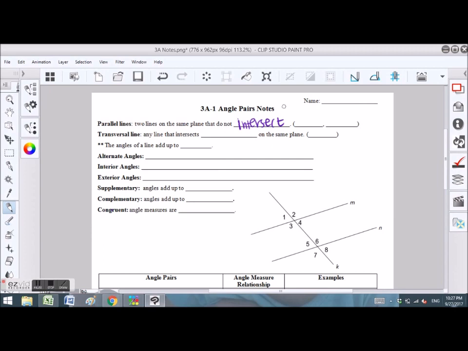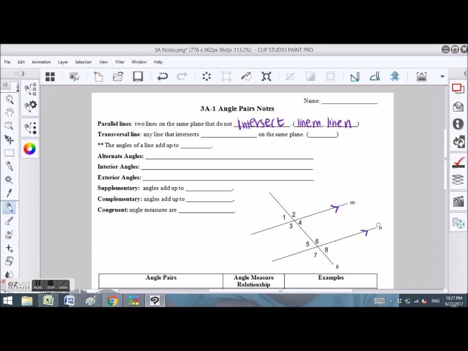So in this picture below, we have two parallel lines right here, line M and line N. Sometimes to show that these lines are parallel, there will be little arrows pointing in the same direction. So parallel lines never touch. You could say that they don't really like each other very much, so they're always going to be an equal distance apart from each other.